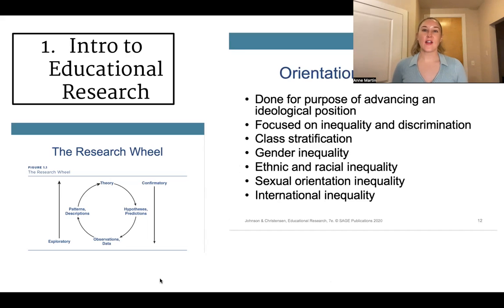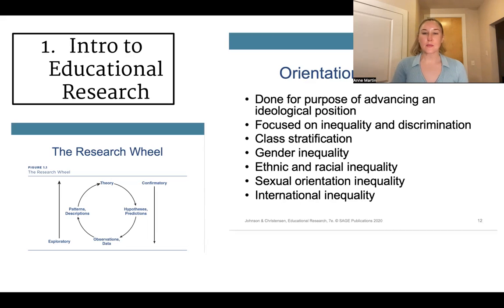And then I'm biased. My favorite type of research is orientational research. And so orientational research is research that is guided by a particular theory to understand the world through a lens that is specific for an ideological position.